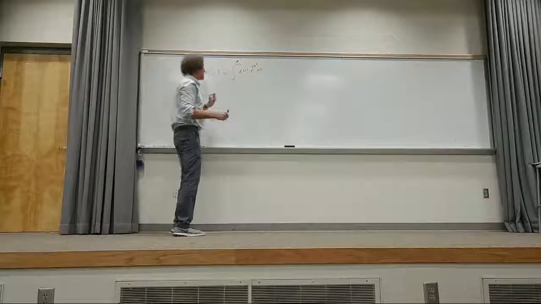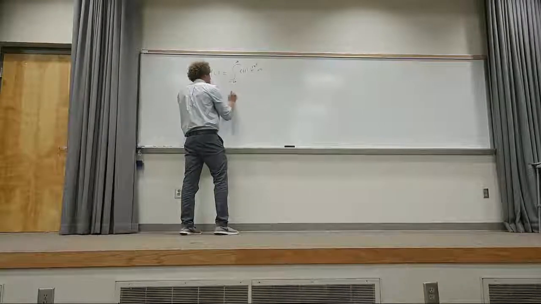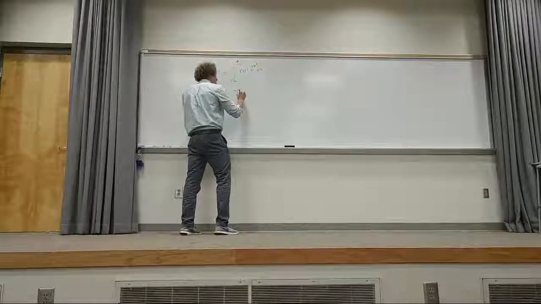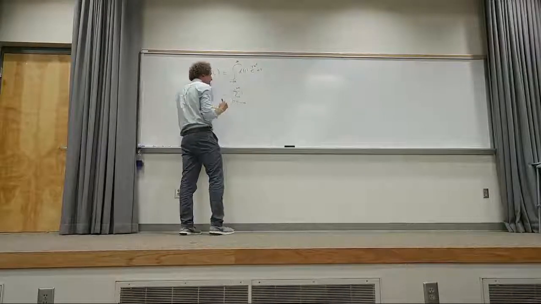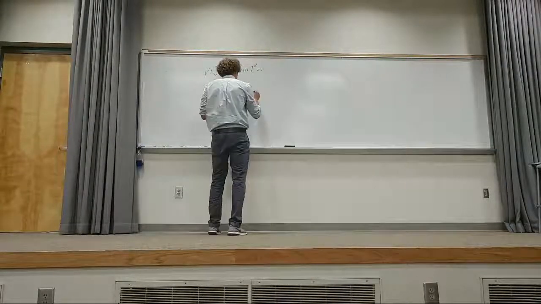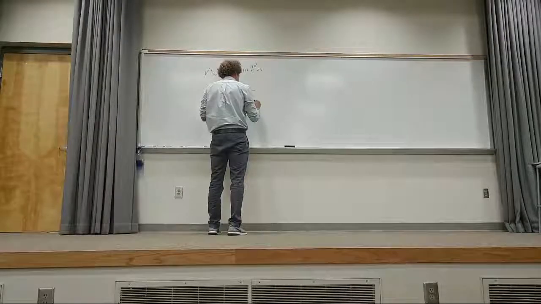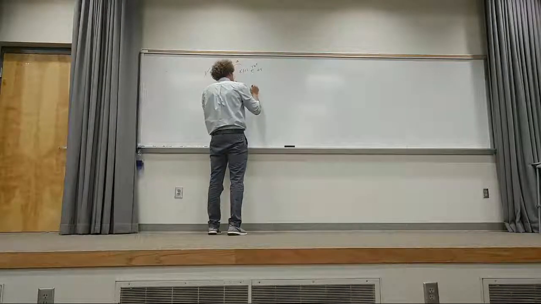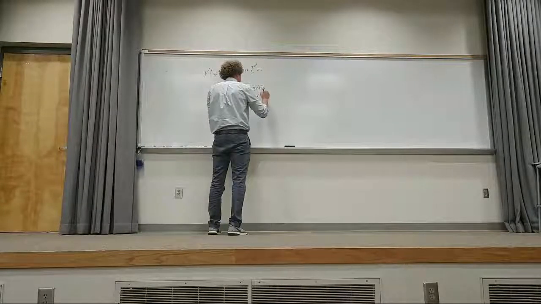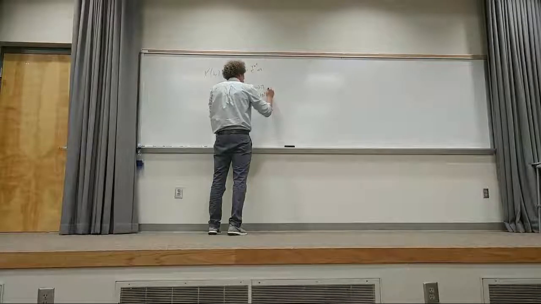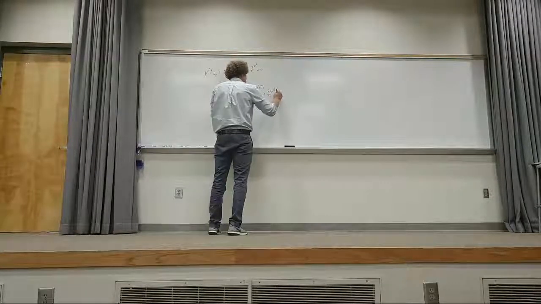What this really is going to be is a summation from n equals minus infinity to infinity of the integral from n times the sampling interval to n plus 1 times the sampling interval of x of t times e to the minus j omega t dt.